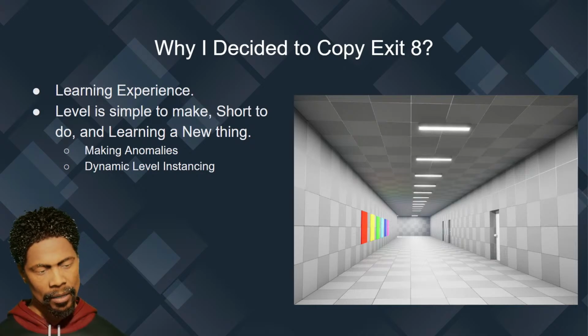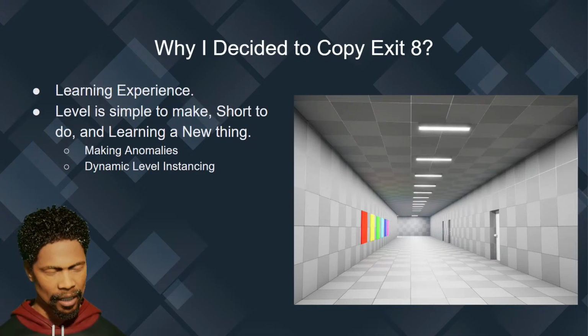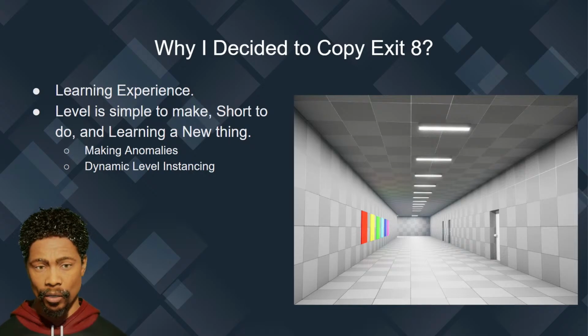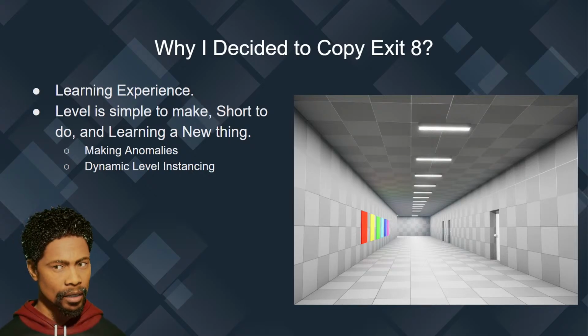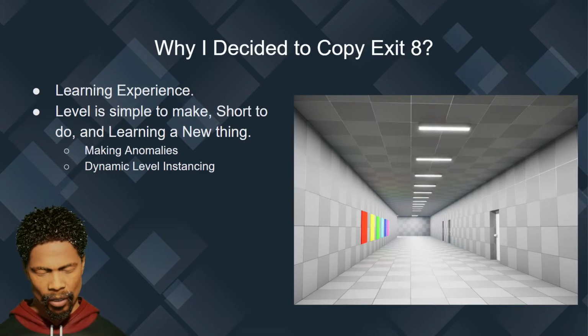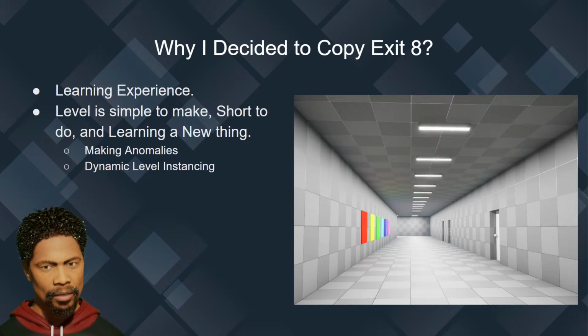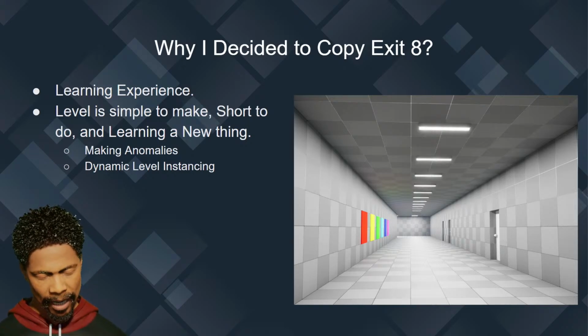And because the game was pretty simple. It's actually one level. The whole game is basically just one level and a long corridor. There were not a lot of objects and details, other than the doors, the ceiling lights, the cameras, and the poster on the side, as well as the pathing on the floor.